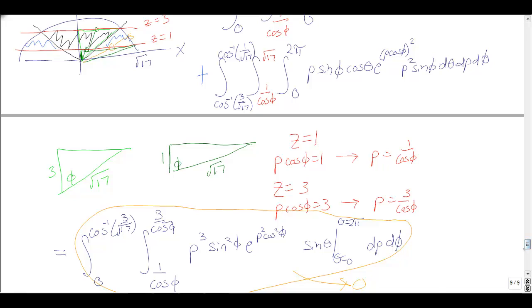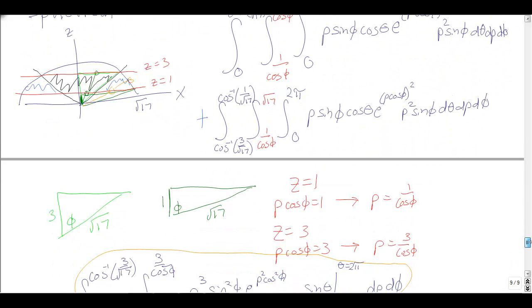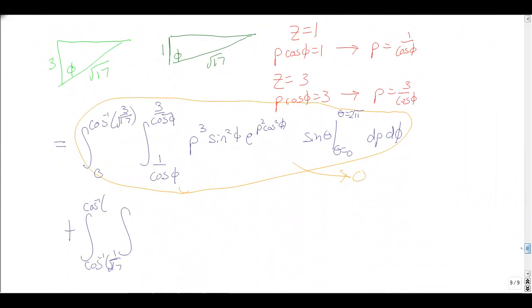Oh, I think I have the wrong bounds here. Now I look at it, phi starts at cosine inverse 3 over square root of 17 to cosine inverse 1 over square root of 17. That's good. Everything's good there.